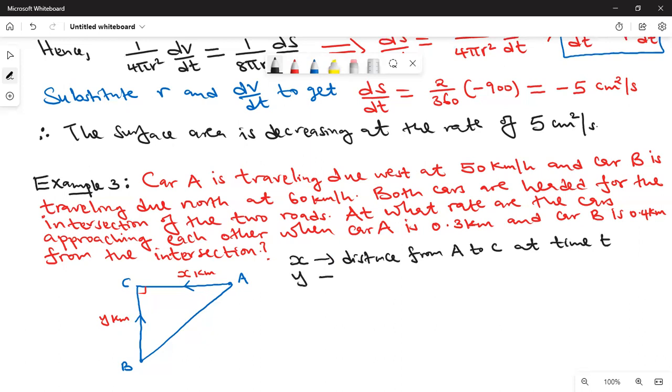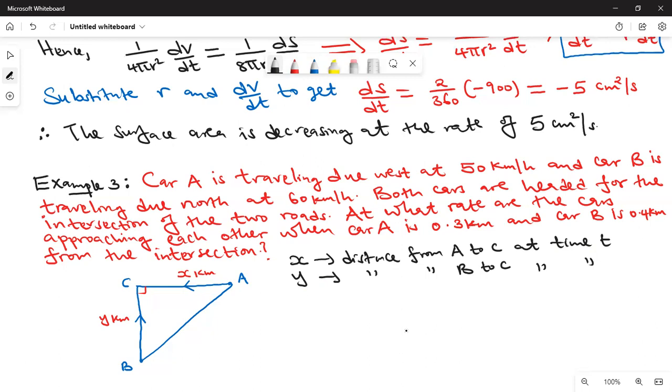What we are calling y is the distance from B to C at time t. You see, x and y depend on time t, because as the two cars are moving, the distance keeps on reducing or shrinking.